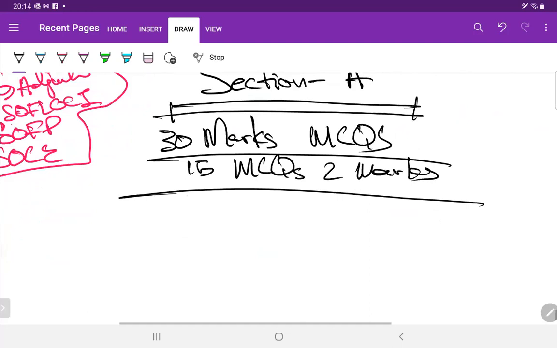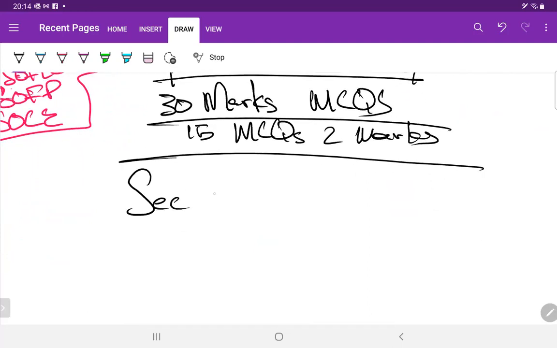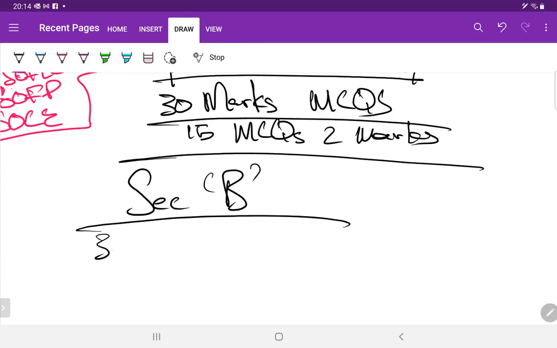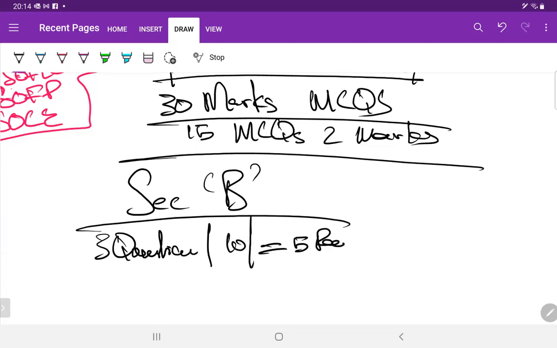Then we will have section B. In section B, you will have 3 questions of 10 marks each, which will have 5 requirements of 2 marks each.